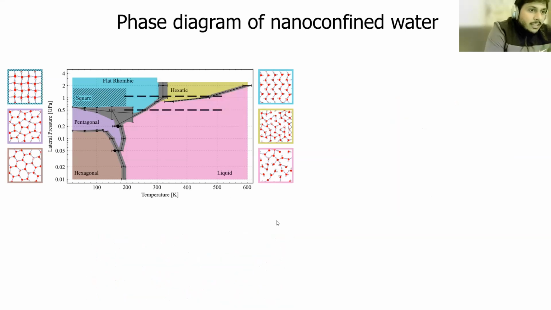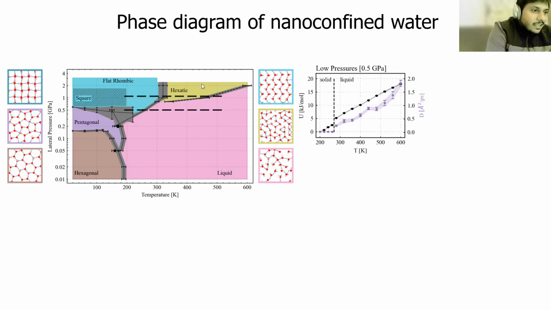Some of the interesting things that we found by performing molecular dynamics at finite temperature is the existence of this so-called hexatic phase. Just like in regular 3D space, you have a solid, a liquid and a gas phase.